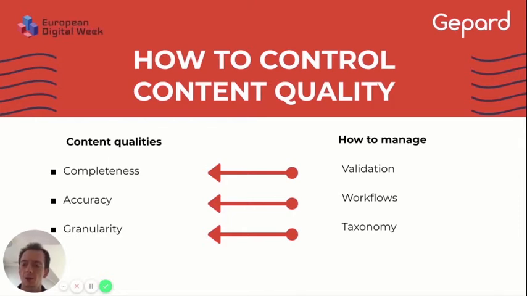And then the last term is the granularity. That exactly means how granular your data are, so how your data are being split into tiny pieces which you can manipulate. And that is managed using taxonomy. Specifically, your taxonomy has to define how granular your data have to be.